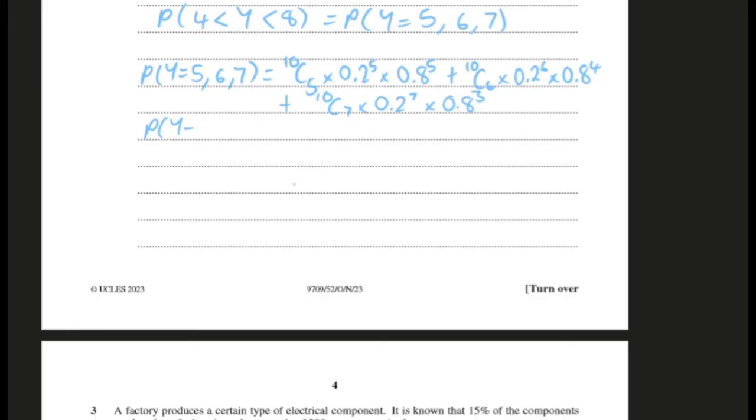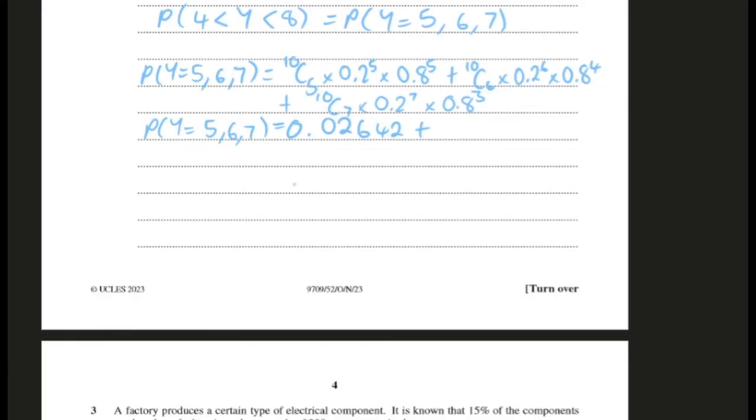Okay, 10 choose 5 times 0.2 to the power 5 times 0.8 to the power 5 gives us 0.02642, plus 10 choose 6 times 0.2 to the power 6 times 0.8 to the power 4.